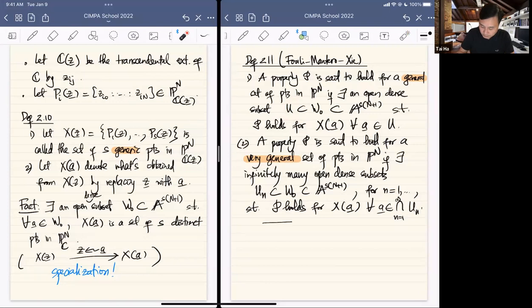So I hope that I have been able to show you the difference between very general and general sets of points. In my next two lectures, I'm going to talk about containments of powers of ideals.